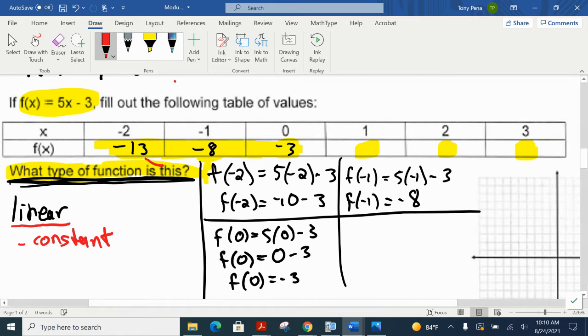Also, another big indicator is the 0 value. When x is 0, the y value is the same as it shows in the equation: y is -3.